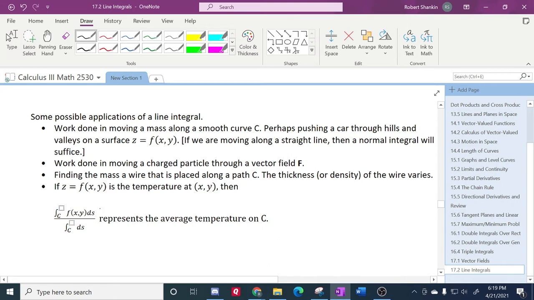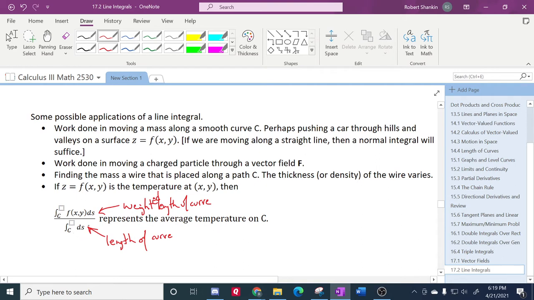So in a way, you're looking at it now as the length of curve, and this is the weighted length of curve. What's it weighted by? The temperatures. And so then if you divide out the actual length of the curve, you get the average temperature along that curve C.